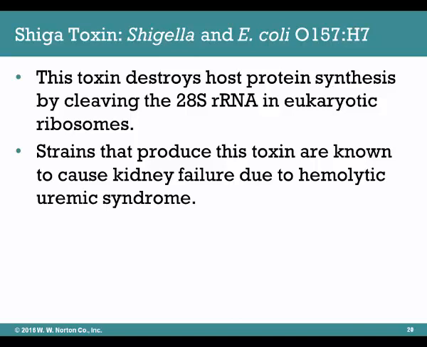Shiga toxin is found both in Shigella and some forms of E. coli that are enterotoxigenic. The only forms of E. coli that are damaging to us, that cause disease, things like traveler's diarrhea or hemolytic uremic syndrome, are toxin producing strains, and the strains that are normally found in our normal microbiota do not produce toxin.